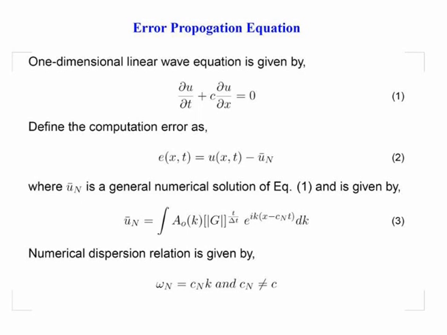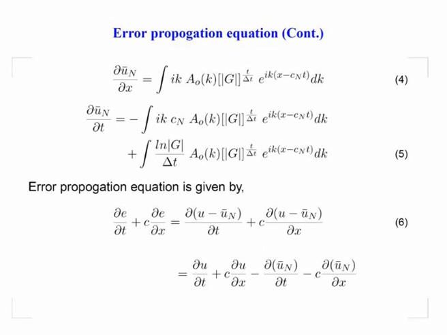Now, having accepted that expression for the numerical solution as a consequence of the adopted numerical method, we can look at what the partial derivatives of the numerical solution with respect to x and t amount to. It is rather simple. Taking an x derivative would be simply multiplying by I k.